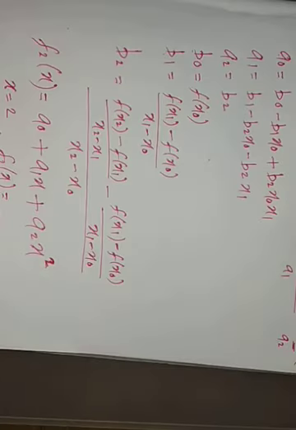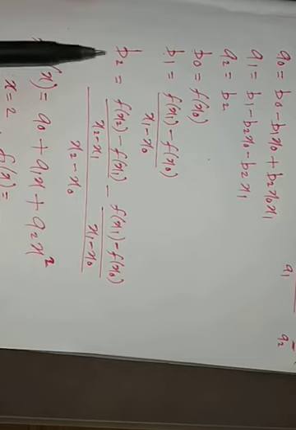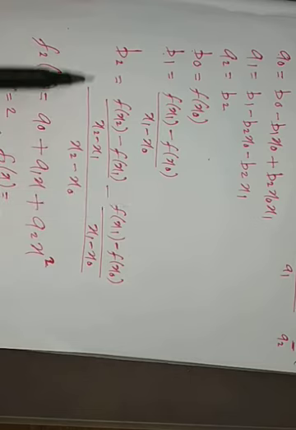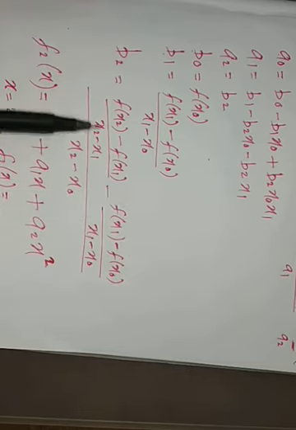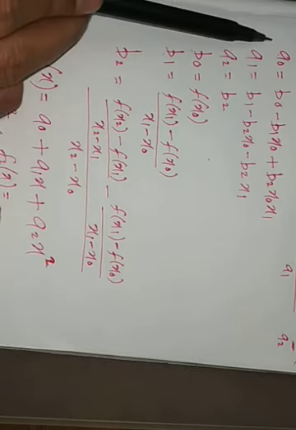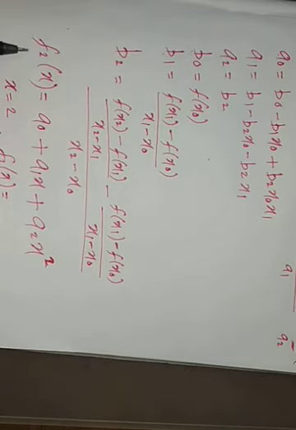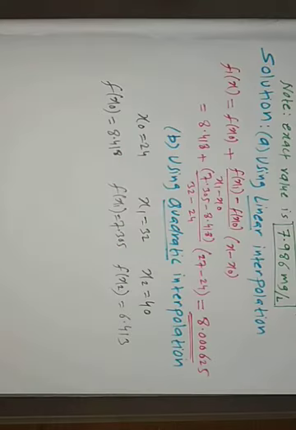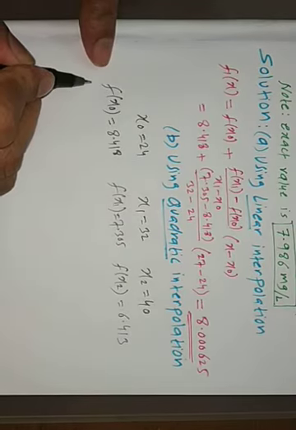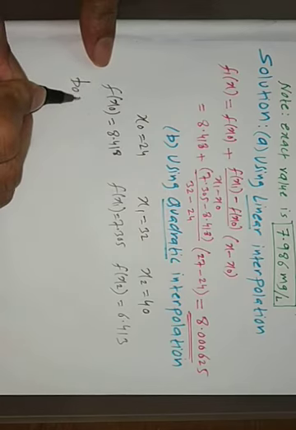So here we will use these equations, that is B0, B1 and B2. Using these we can find B0, B1, B2, and using B0, B1, B2 we can find A0, A1, A2, and we will put them in this equation. So directly I am writing the values.